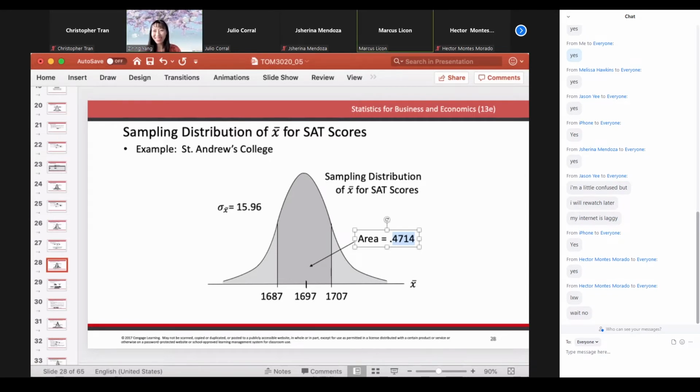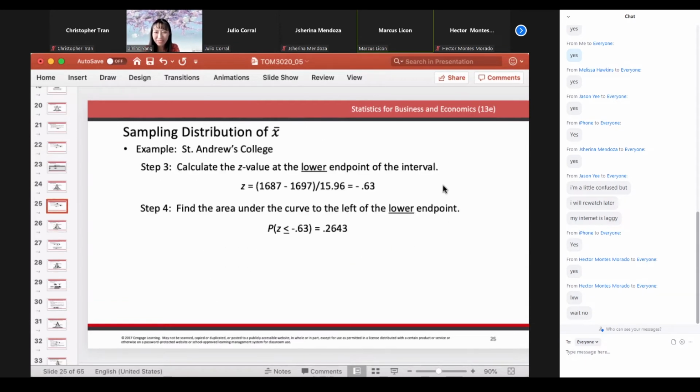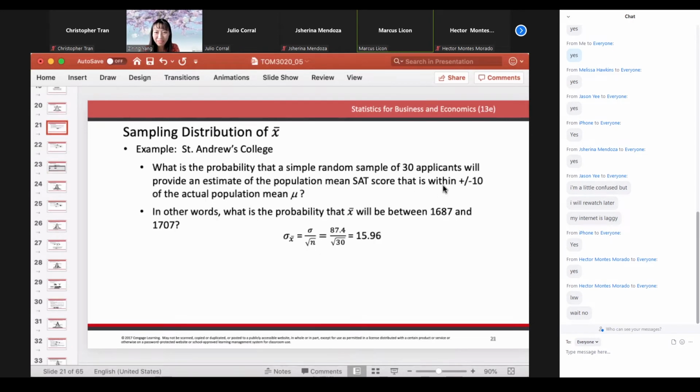For my interpretation, going back to the question, the probability of students scoring between 1687 and 1707 in that interval would be 47%, I forget the number, but about 40-something percent of those students would be scoring in between that interval.